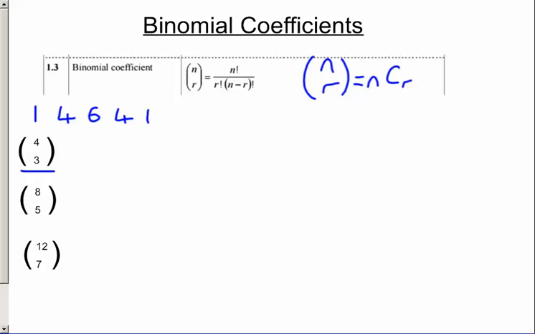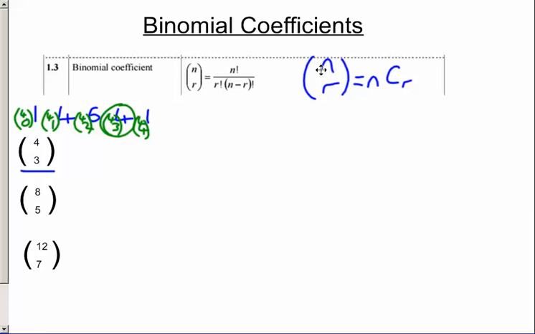So that value there, well, this is 0, this is 1, this is 2, this is 3, this is 4. We put the brackets round, that's (4, 0), (4, 1), (4, 2), (4, 3), and (4, 4). So we know (4, 3) is equal to 4. But we're going to look at how we can work this out, particularly for larger numbers, manually.